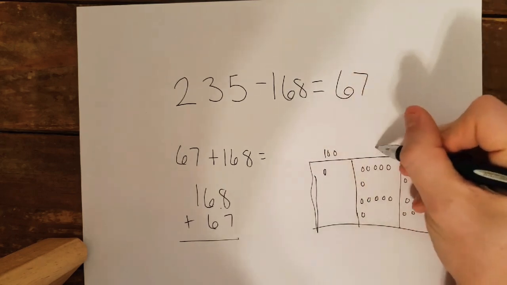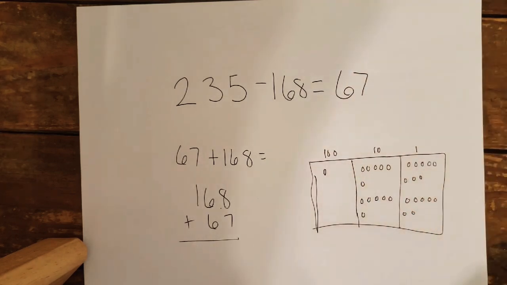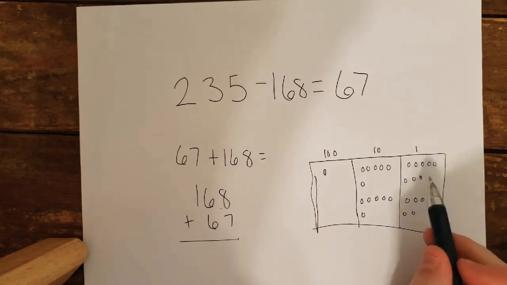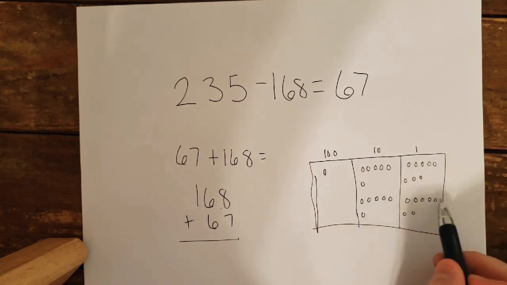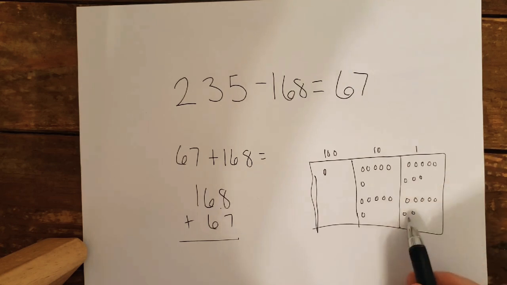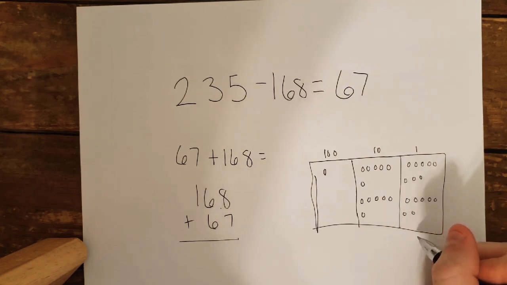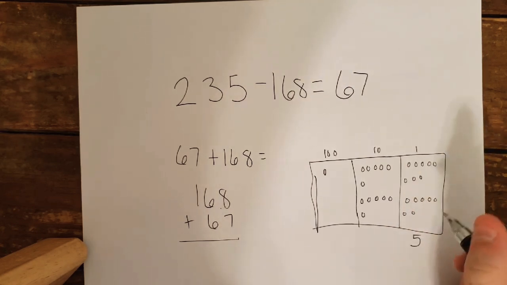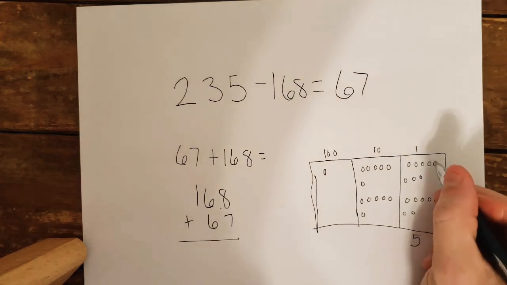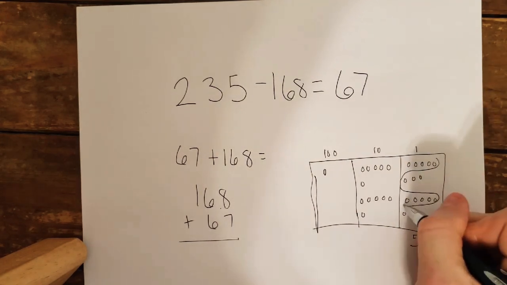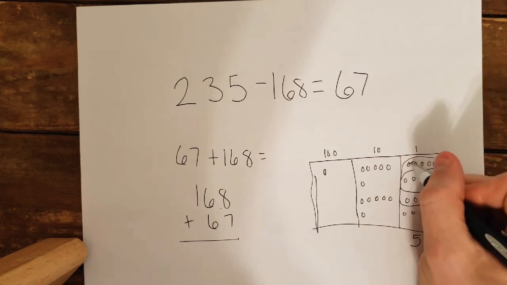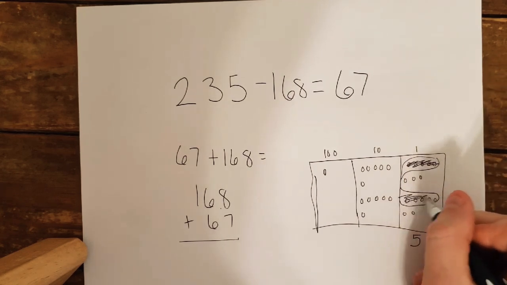And just so you can remember, we've got our hundreds, tens, and ones up here. So I'm going to add them all together. I've got 5, 10, 11, 12, 13, 14, 15. So I'm going to write the 5 here because we're going to group these two sets of 5, which make a 10.